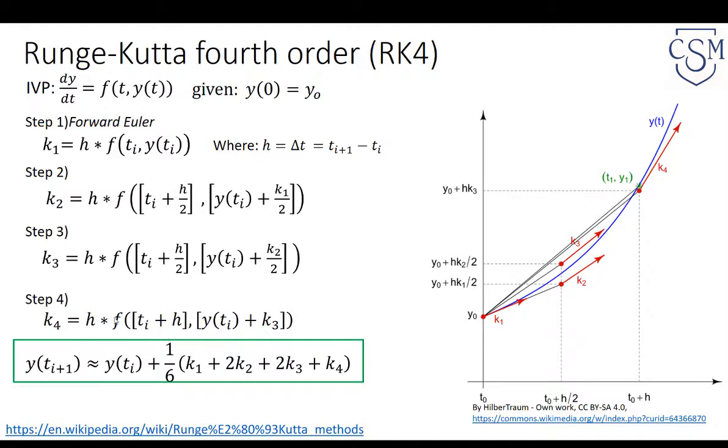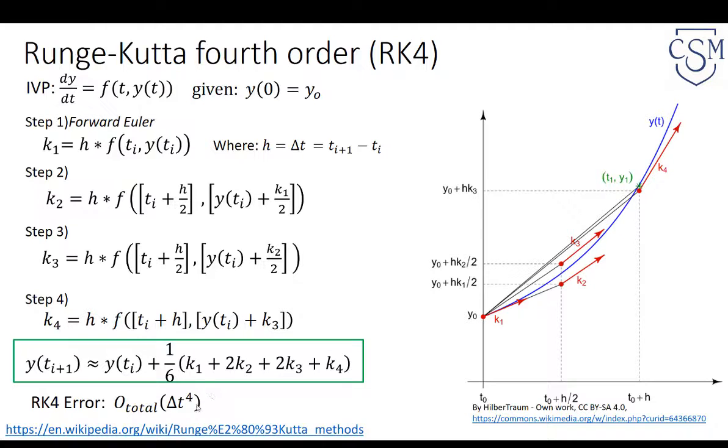The final method adds up all of these, and we assign weights. We weight the two evaluations at the half time step more heavily, and then we average these with the first forward Euler step and the last one, and that gives us an accurate prediction of this function at y of ti plus 1.